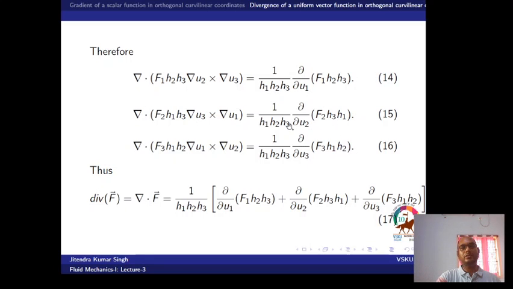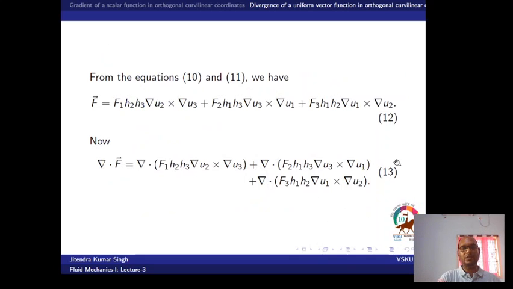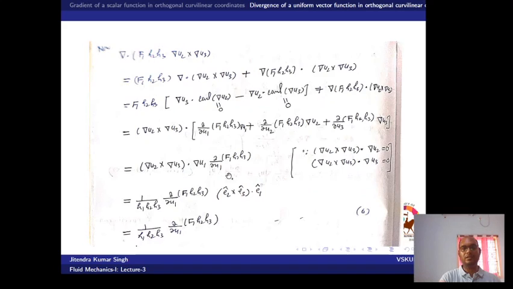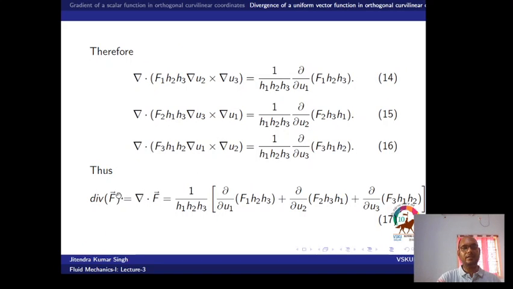We shall use these results, equations 14, 15, 16, in equation number 13, which means we shall add all these three. When we add, we get the divergence of f, del dot f, equal to 1 by h1 h2 h3 times dou by dou u1 of f1 h2 h3 plus dou by dou u2 of f2 h3 h1 plus dou by dou u3 of f3 h1 h2. So this is the divergence of a vector field in an orthogonal curvilinear coordinate system.